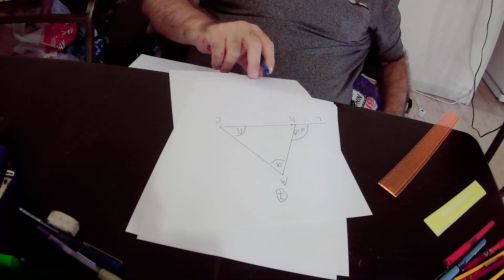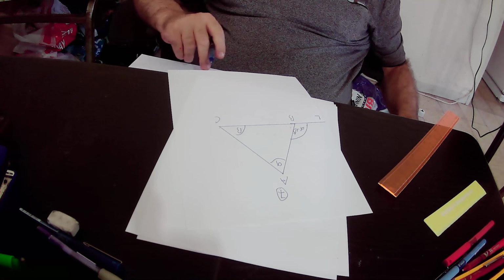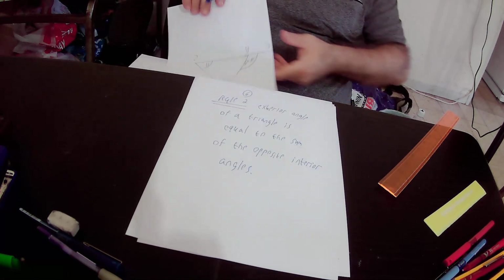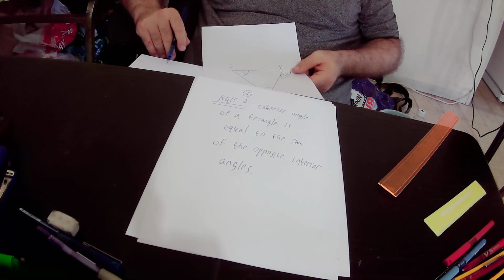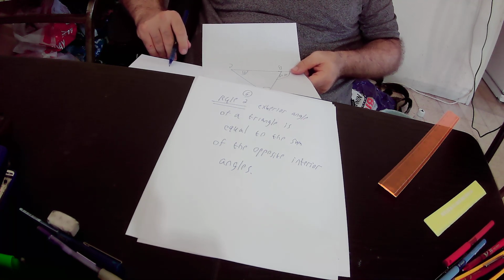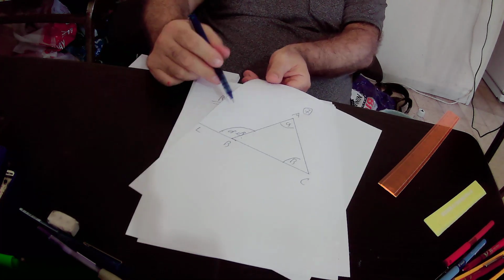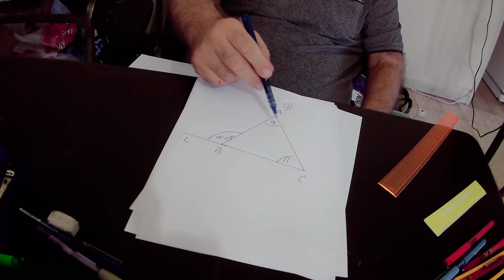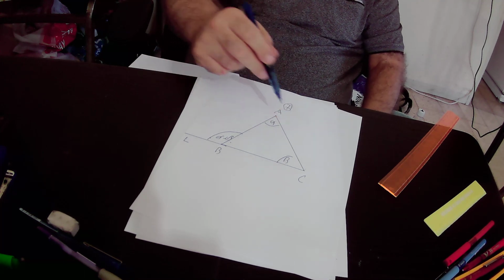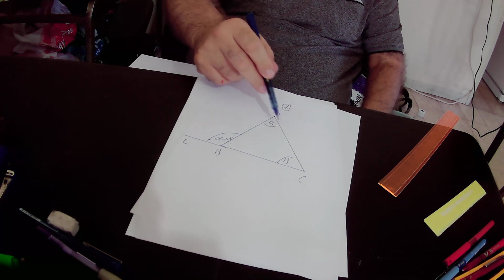Because rule number 2 states that the exterior angle of a triangle is equal to the sum of the opposite interior angles. This exterior angle, angle ABL, equals the sum of the two interior opposite angles. That is to say, angle ABL equals alpha plus beta.